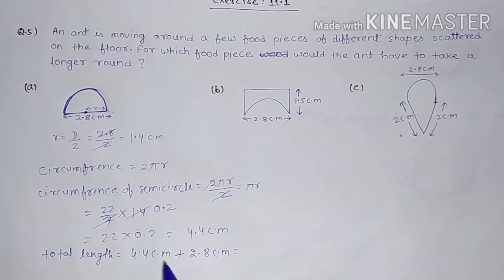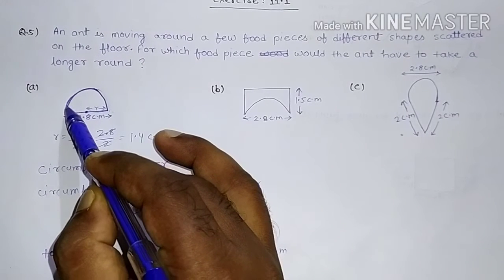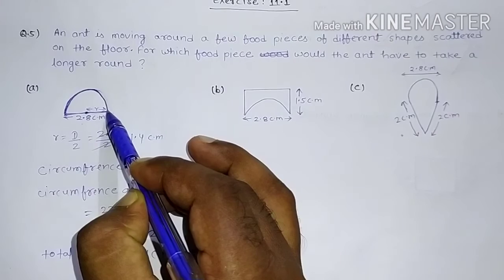Now just add this. 4 plus 8, that is 12, 2 carry 1, 4 plus 3, that is 7. So 7.2 centimeter. Now this is the length of this figure. This is the perimeter of this figure.